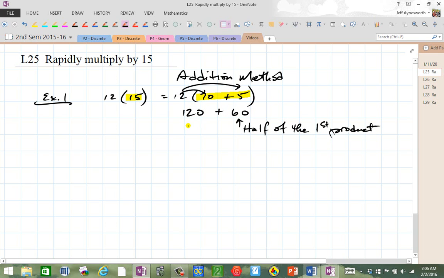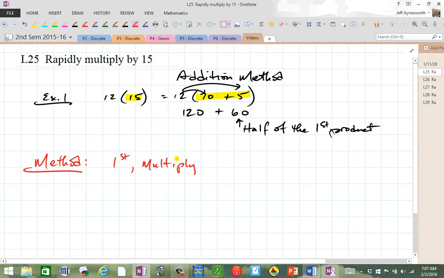So the technique to rapidly multiply a number by 15 is simply multiply by 10 first, take half of that product, and then add the results. Okay, so our method today is going to be this, and let's put it in red. The very first thing we're going to do is multiply the number by 10.